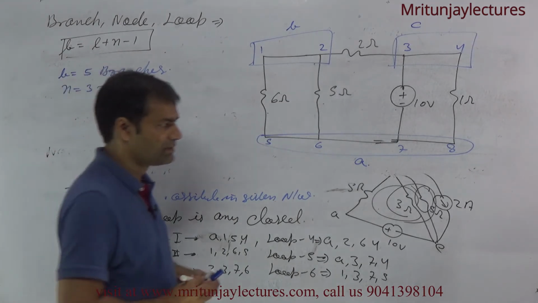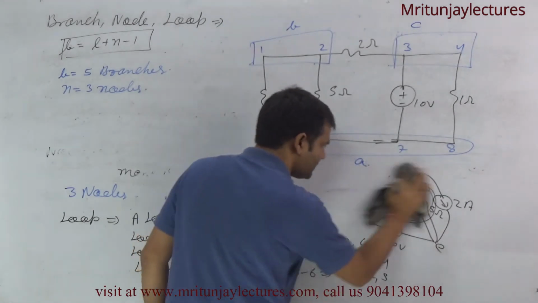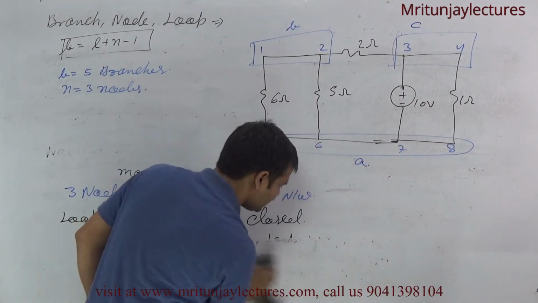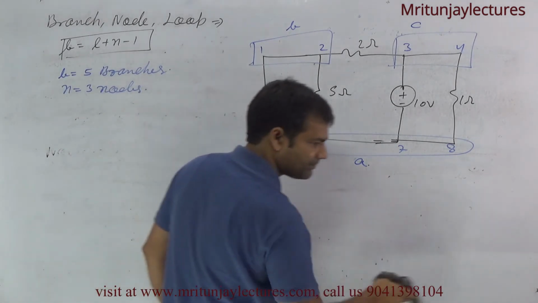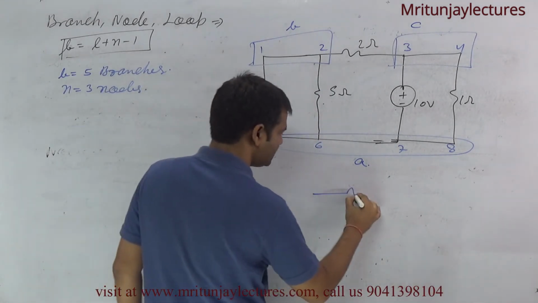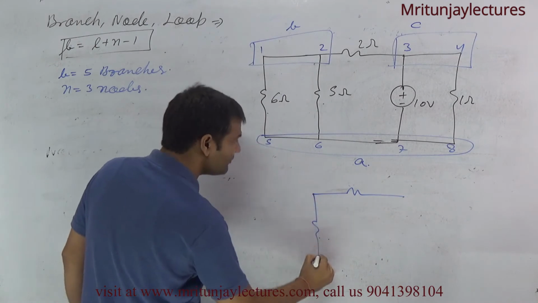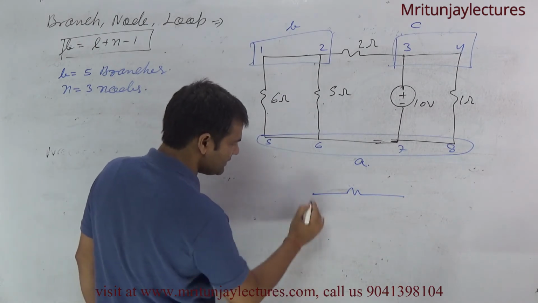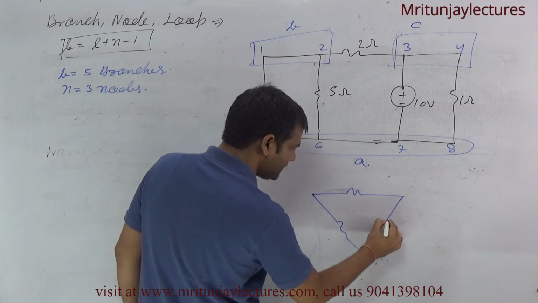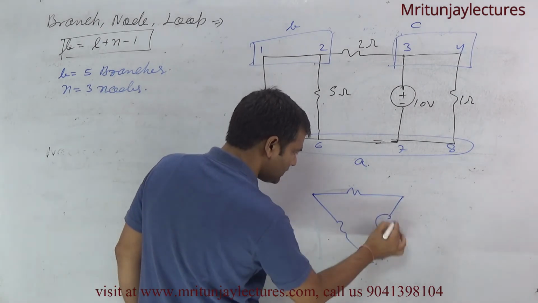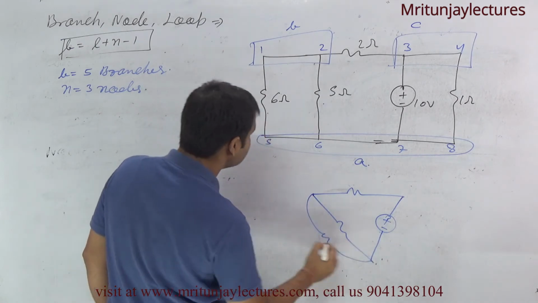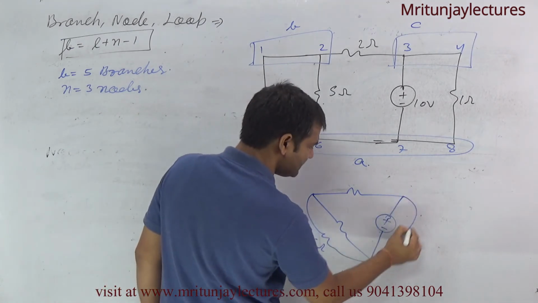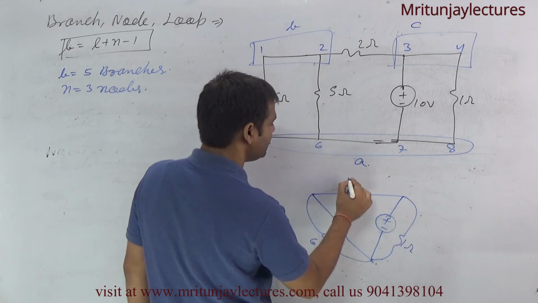Okay. Now make it. If any doubt, make the circuit like this one, that is 5 ohm, that is 10 volt, and that is 6 ohm, and that is 1 ohm, and that is 2 ohm.